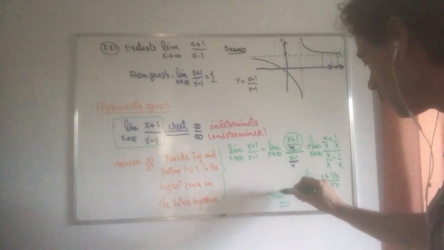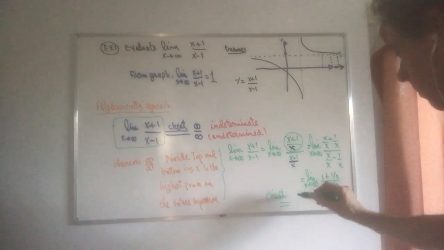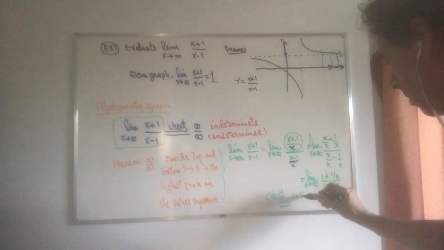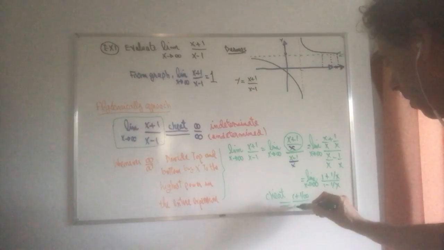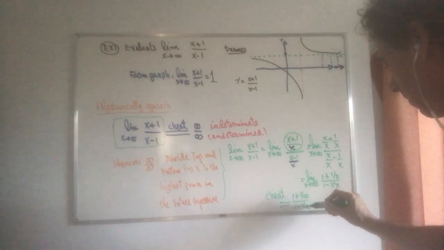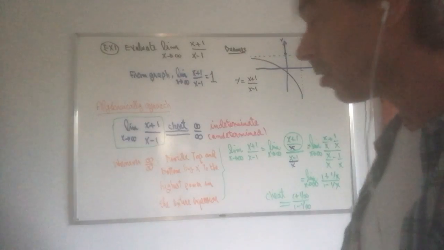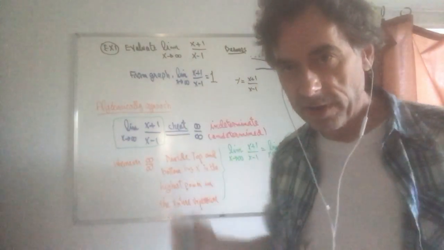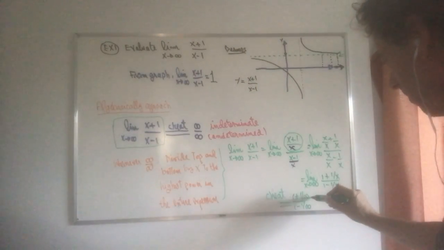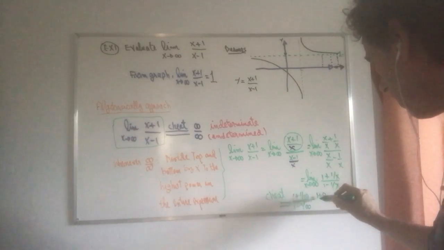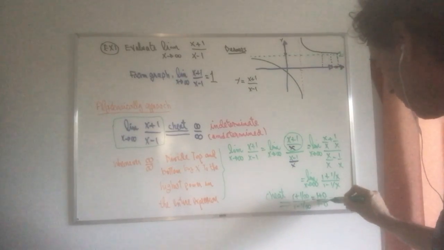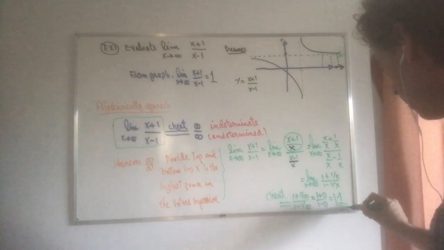To cheat one last time, replace x by infinity. 1 plus 1 over infinity, over 1 minus 1 over infinity. We just saw that 1 over infinity is what? What's 1 over infinity? You said 0. Very good. 1 plus 0 over 1 minus 0. Final answer, 1.